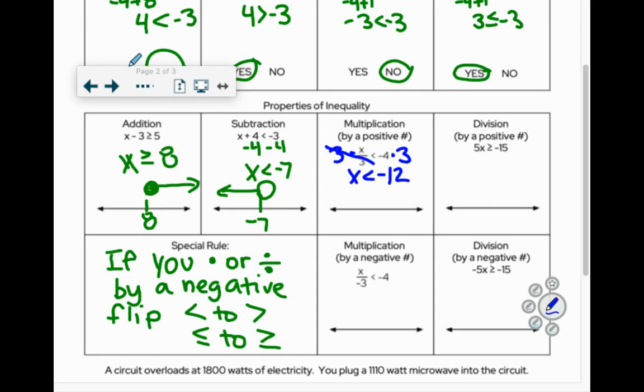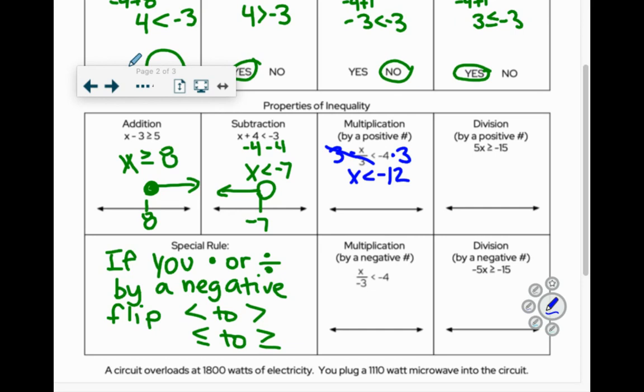Notice how the 12 also changed signs. That's why you have to flip it, because we changed the sign of the negative 4 by multiplying it by negative 3. And whenever we change the sign like that, the symbol in between has to flip too. So then from 12, I'm going to go open circle still, but to the right this time.